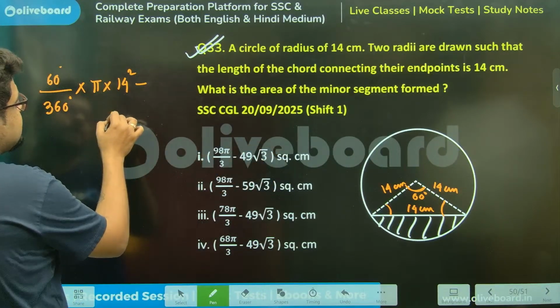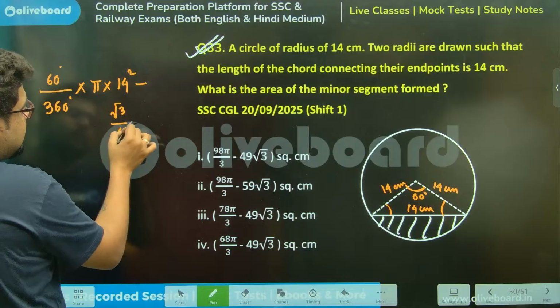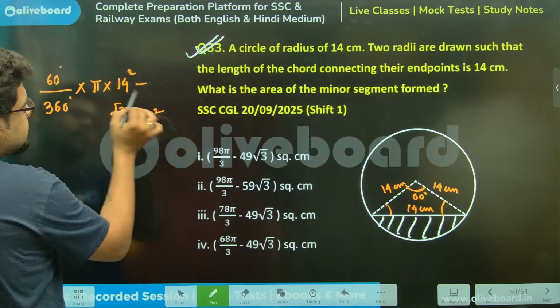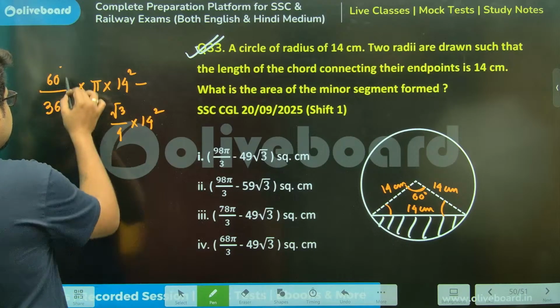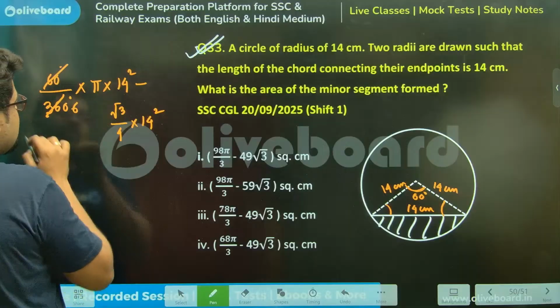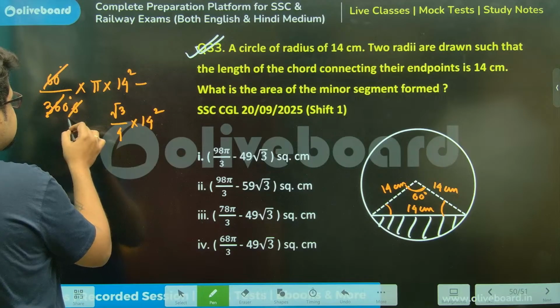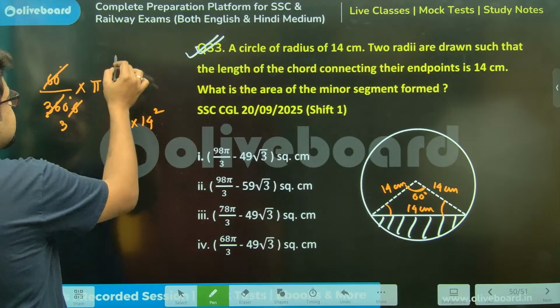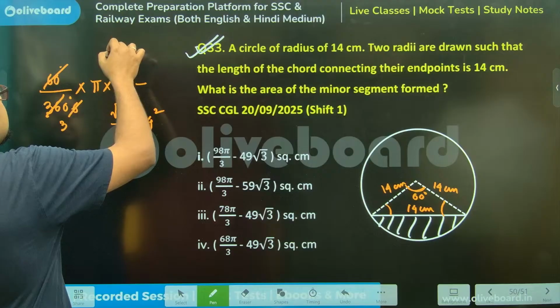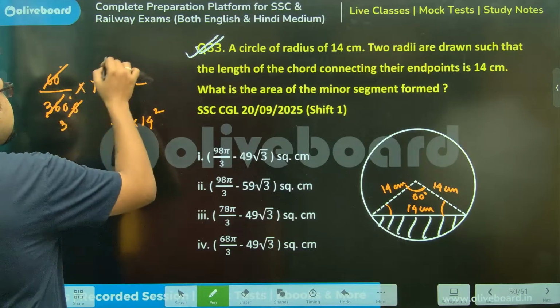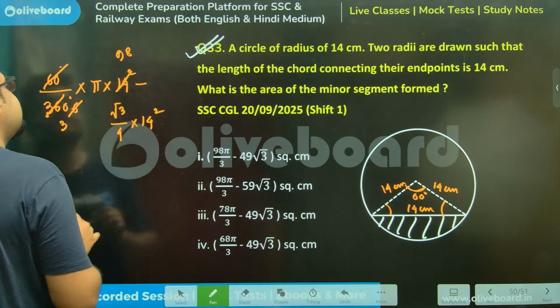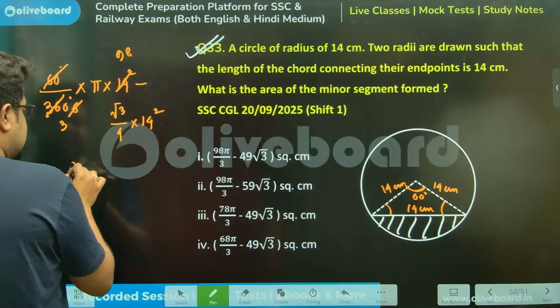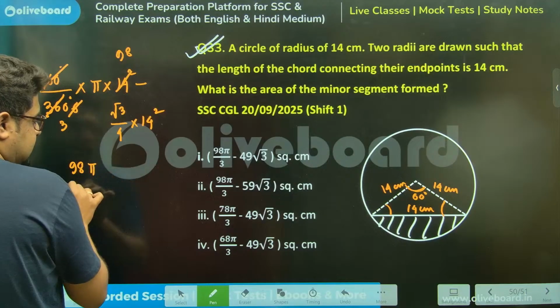Area of the triangle is root 3 by 4 into a square, 14 square. So this is 1 by 6, and this is 2, 3. This is 14 into 14, 196. So this is 98 pi by 3.